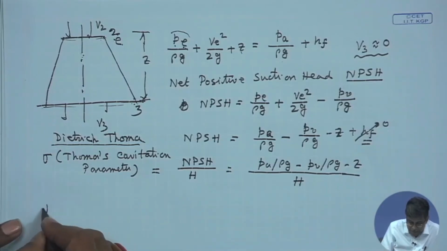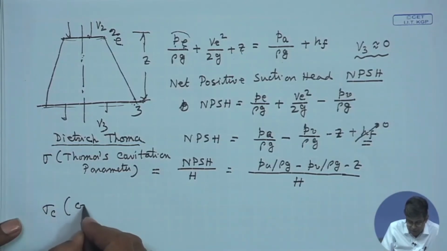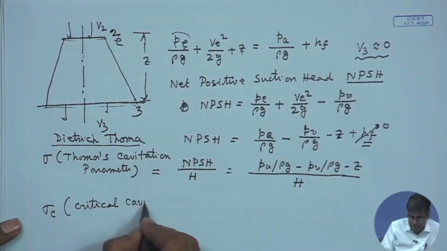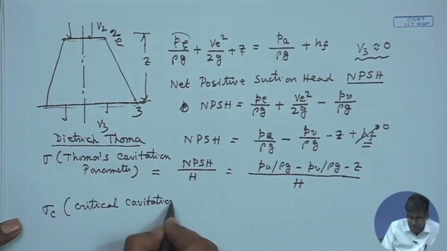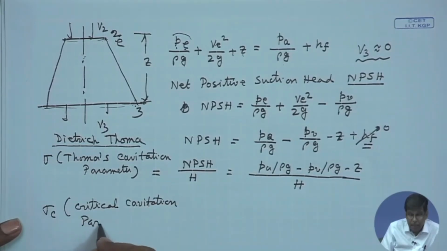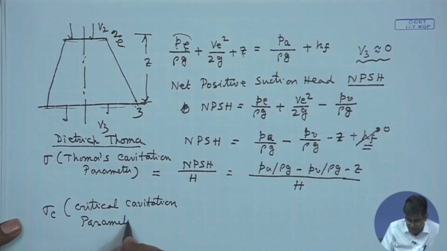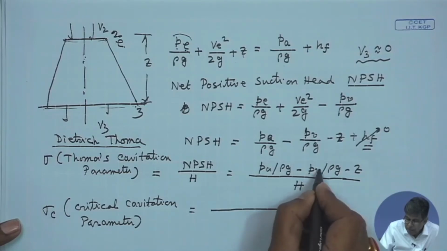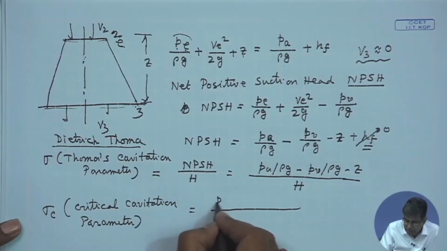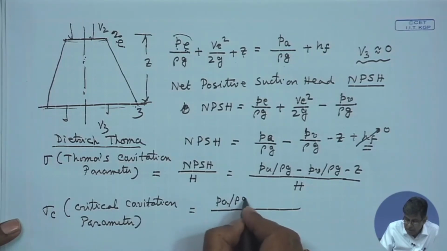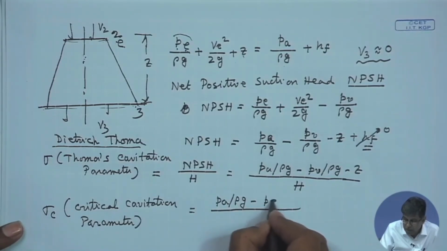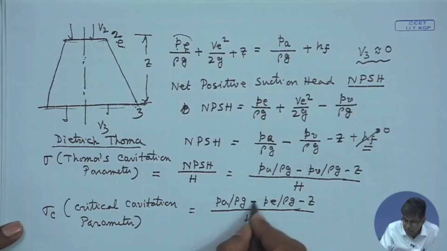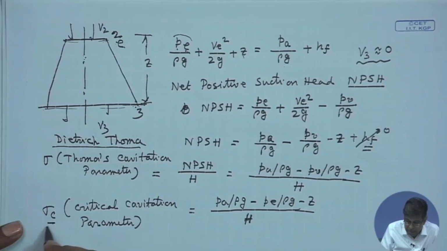And another parameter is defined, which is known as the critical cavitation parameter, defined in line with this, following this, but instead of Pv, it is P by rho g minus Z by H. This is known as the critical cavitation parameter.